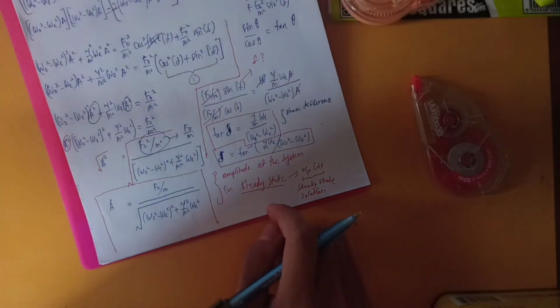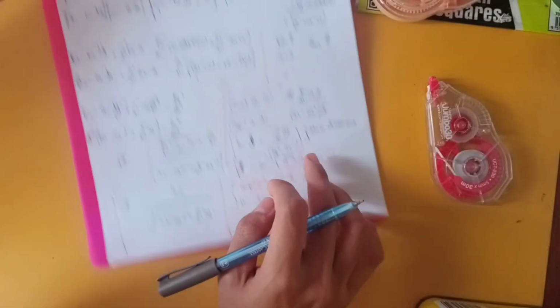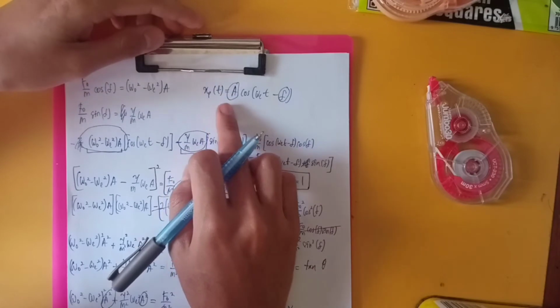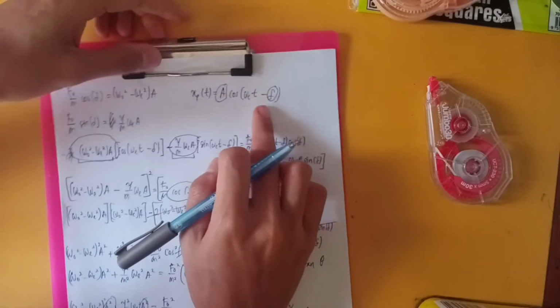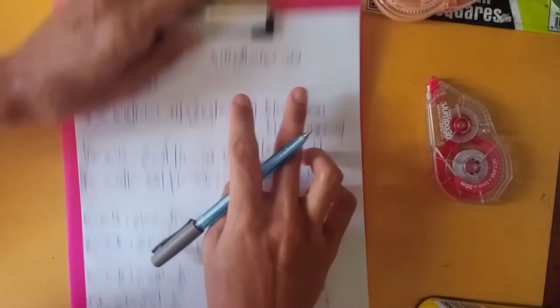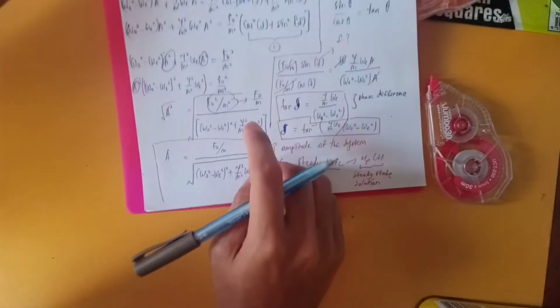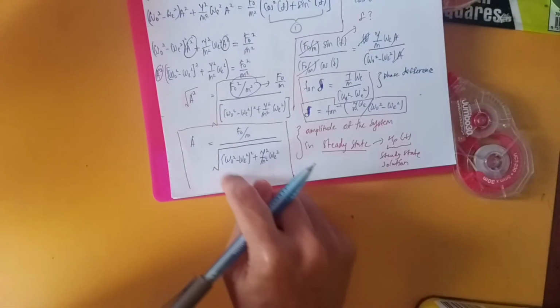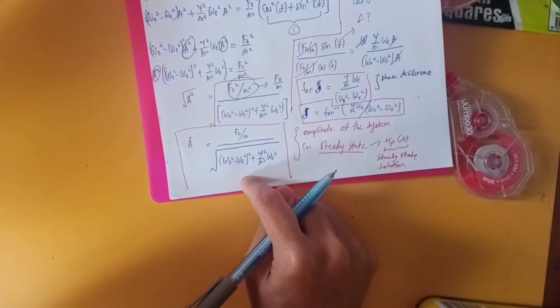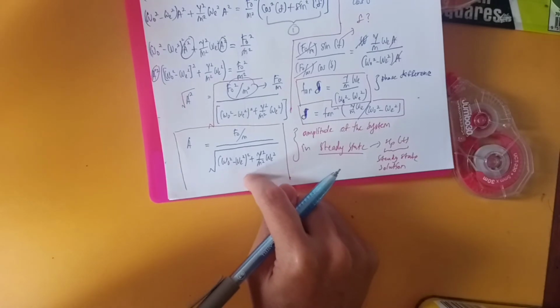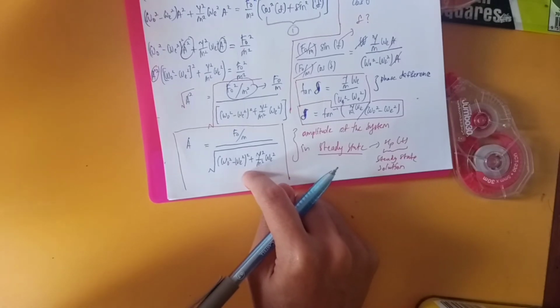So that means that, oh my god, what happened to my camera? Okay, again. x_p(t) is equal to A cos(omega E t minus delta). Notice that this variable right here, the amplitude, does not depend on time, which means that this amplitude will not change over time.